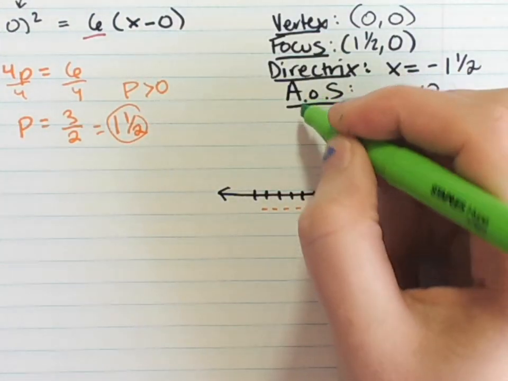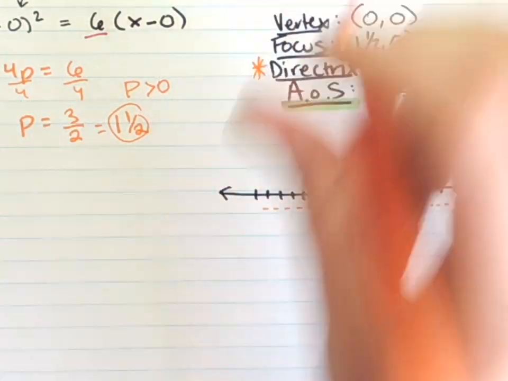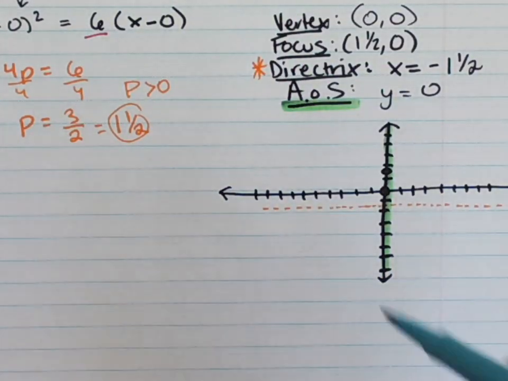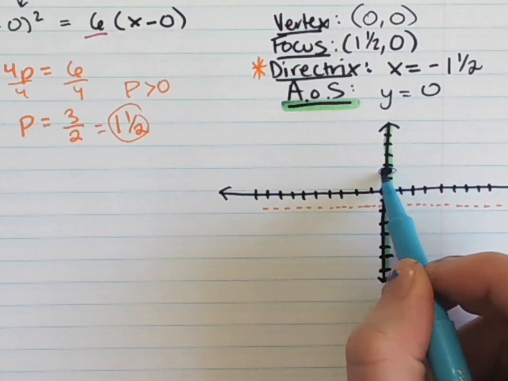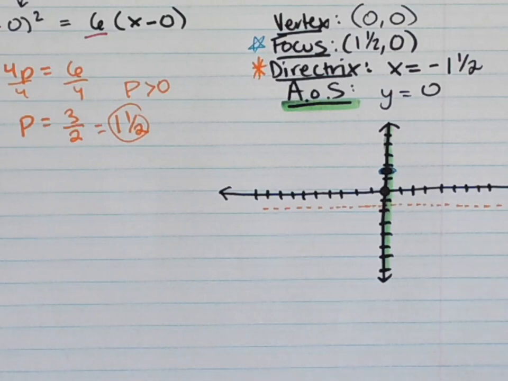So I did my axis of symmetry in green. My directrix is in orange. My focus is in blue. And then my vertex is in black. So, oh, I just realized I did that wrong. My bad.